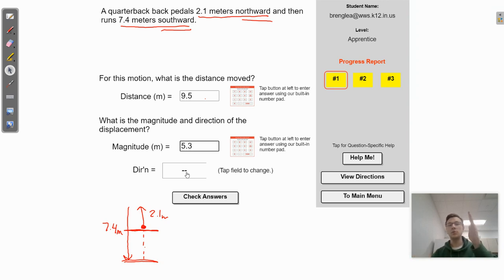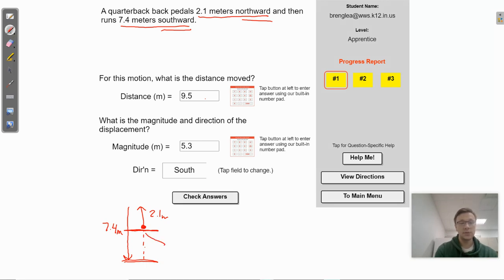So yes, they moved north, but ultimately there was more movement south. So the person ends up 5.3 meters south of the original position that they started in. Okay, so this distance right here is going to be 5.3 meters. And we'll go ahead and check our answer.